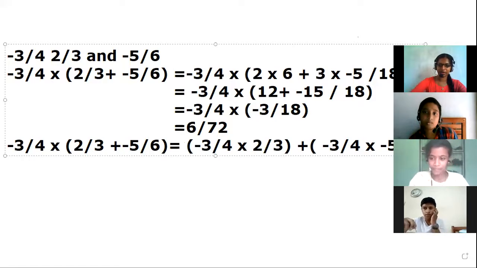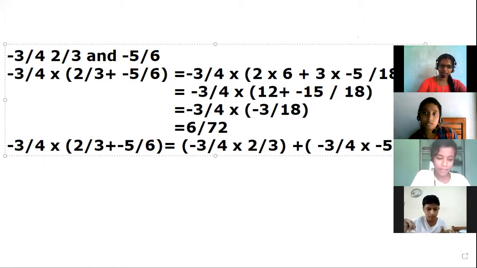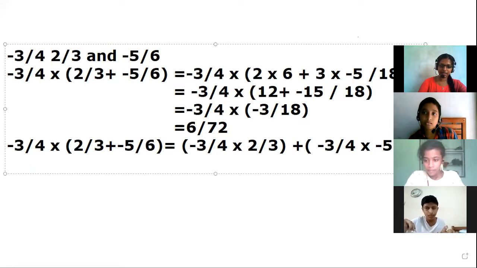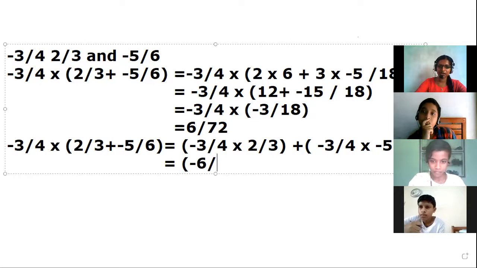Okay. Then we can write it as, here we have to put a bracket. Then what would be the answer? What is the product of minus 3 by 4 and 2 by 3? Here it is multiplication, so we have to multiply both numerators and then both denominators. Yes. Then the numerator would be the product of minus 3 and 2, which is minus 6, and the denominator is the product of 4 and 3, which is 12.